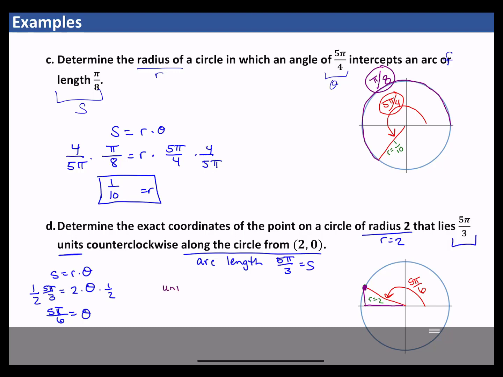So on the unit circle, that point at 5 pi over 6 would be at (-√3/2, 1/2). But since this circle is twice as big in radius, for this circle, the coordinate will be -√3 because we multiply -√3 over 2 times 2. And then 1 because we take 1/2 times 2 as well.